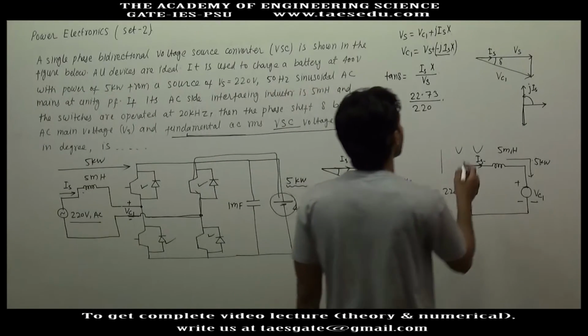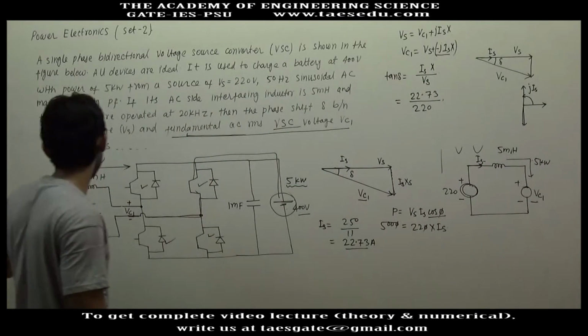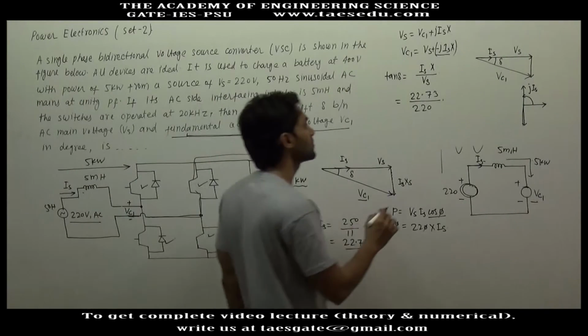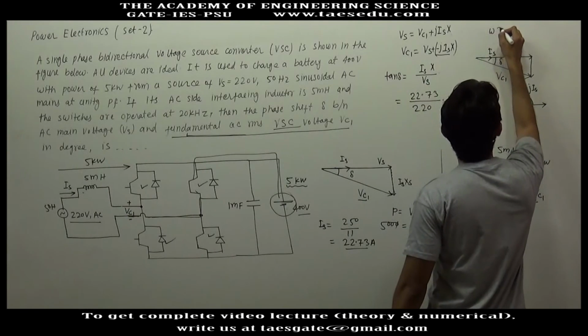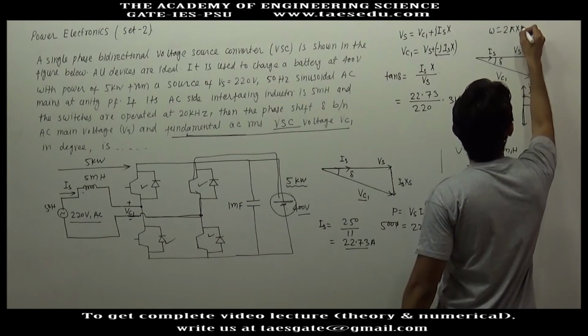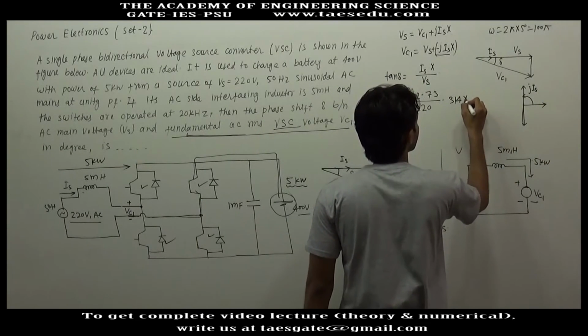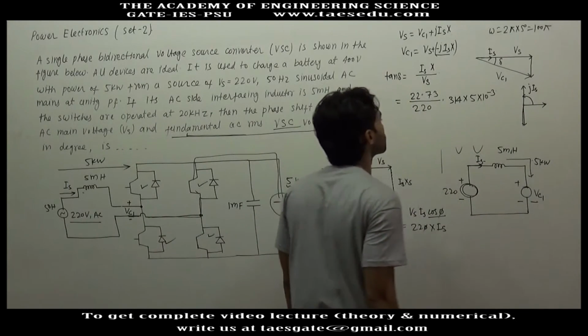This will be omega into L. And what is omega? The source frequency is 50 Hertz, so omega will be 2 pi into 50, 100 pi, which means 314 radian, into 5 millihenry, which means 5 into 10 to the power minus 3.